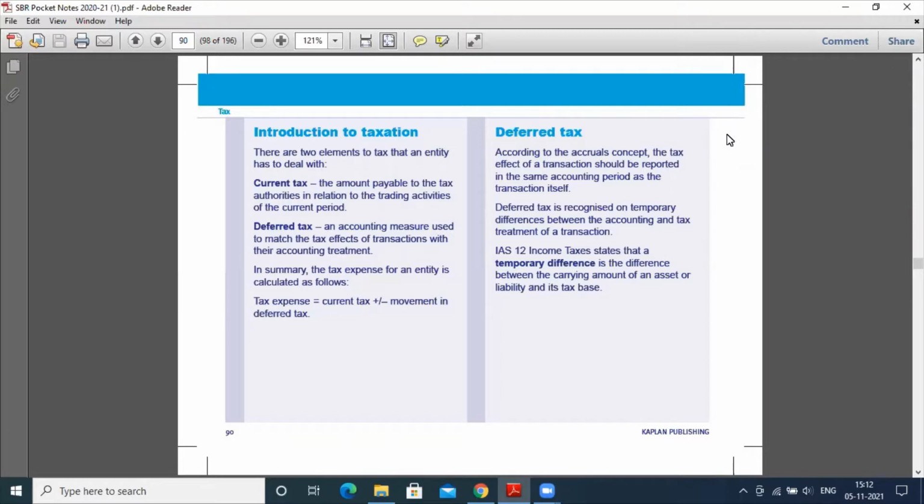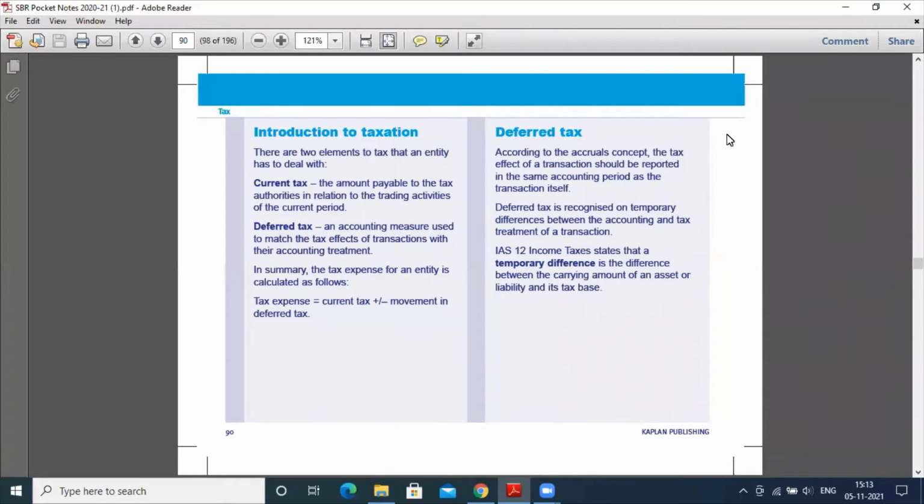In simple terms, when it comes to deferred tax, if you take depreciation as an example, generally most of the companies will be charging the depreciation on the straight line method or diminishing balance method. But the tax authorities will allow the companies to charge a higher amount of depreciation when the asset is new, and when the asset becomes old, the companies will be charging less depreciation.